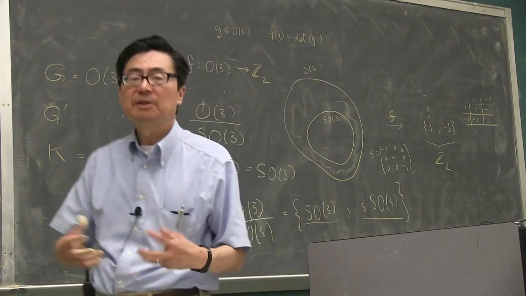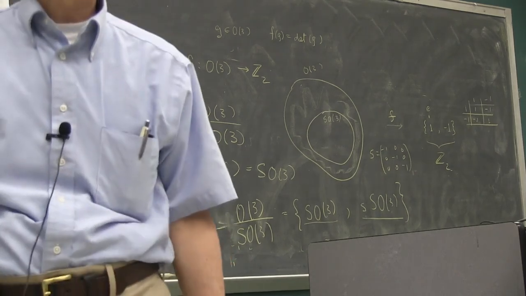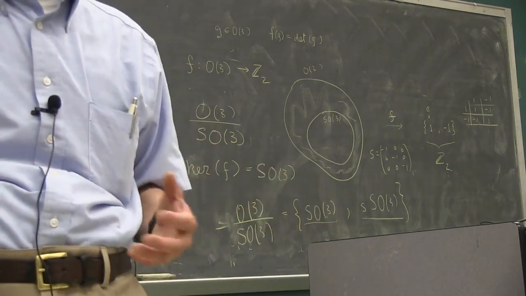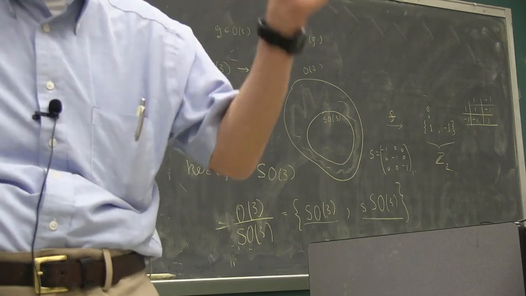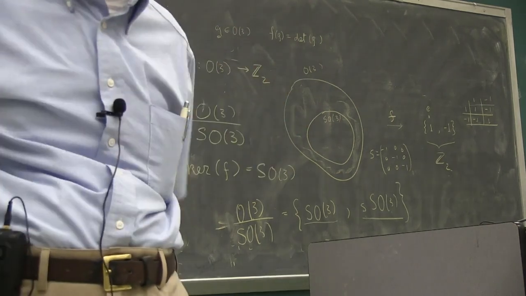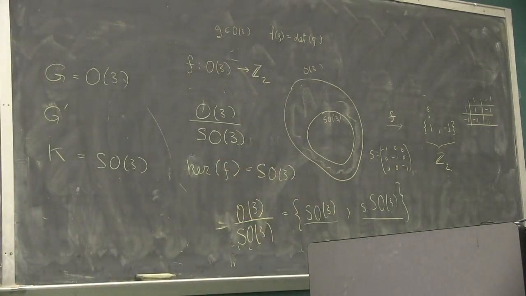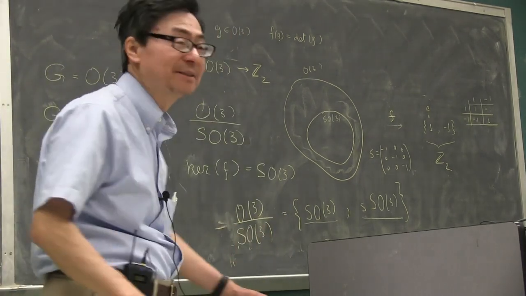So this is effectively the group Z2 also. So in this case, there's this group structure on the quotient group. Obviously, the quotient group is a group. In this case, it's particularly simple because the quotient group is just the very simple dihedral group. I think we should stop here today.